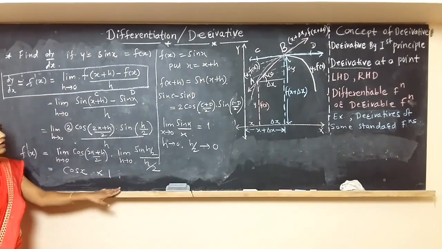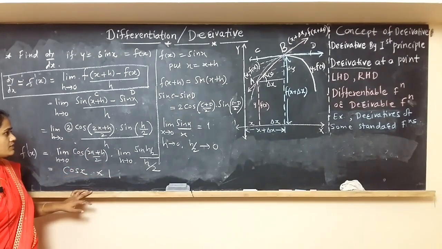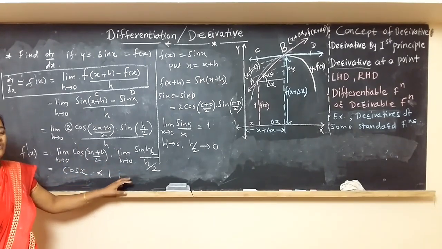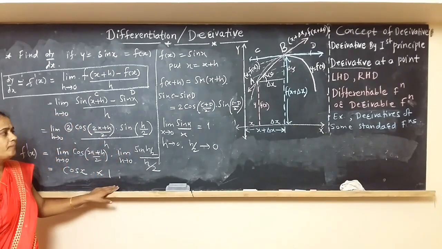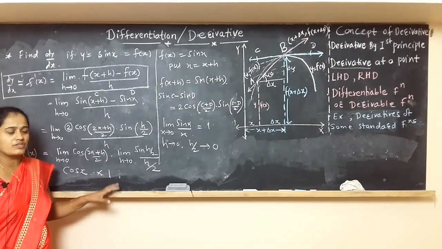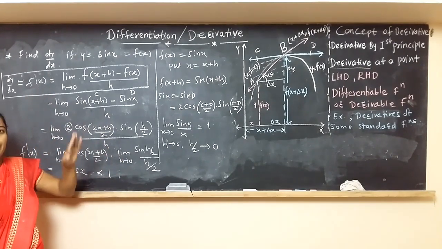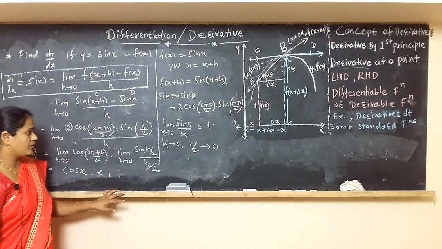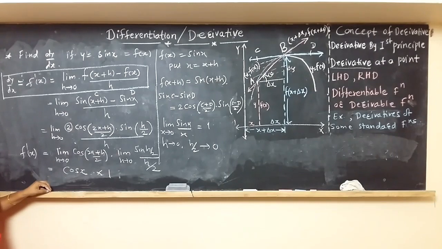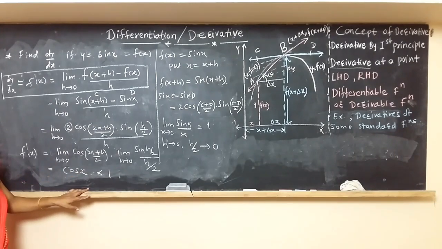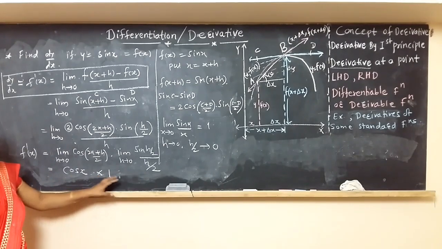So like this, we can find derivatives of remaining standard functions like logarithmic function, exponential function, square root function, and constant function. The same definition is useful to find derivatives of some standard functions, and the derivatives of some standard functions we will see in detail in the next lecture.